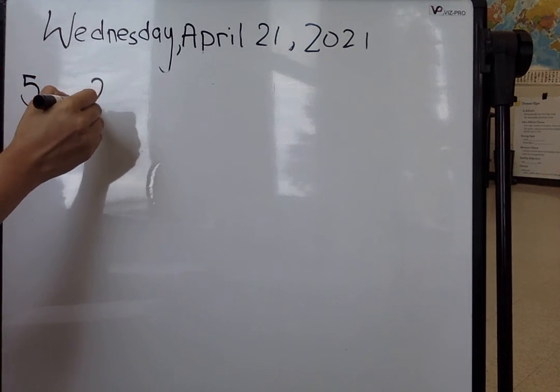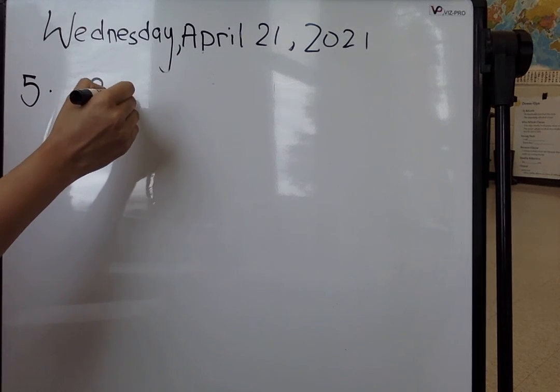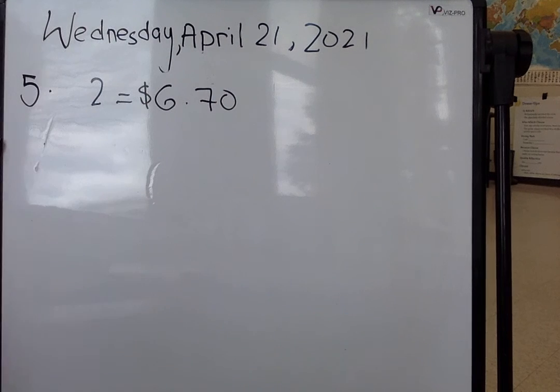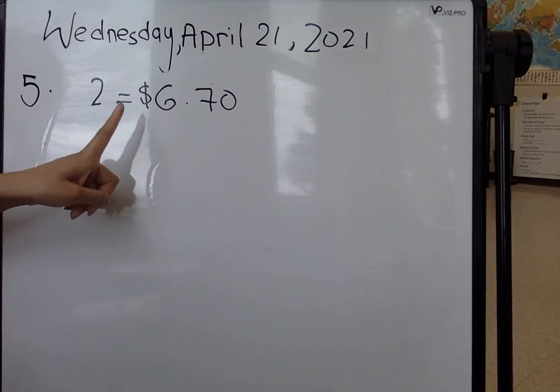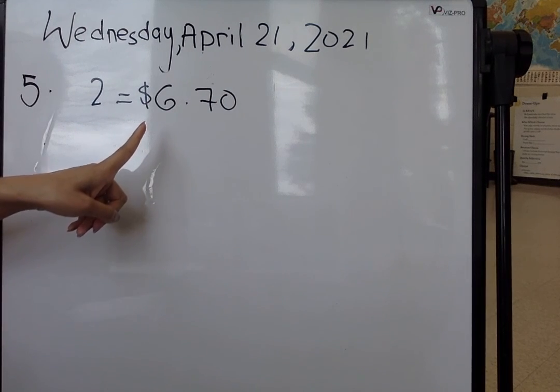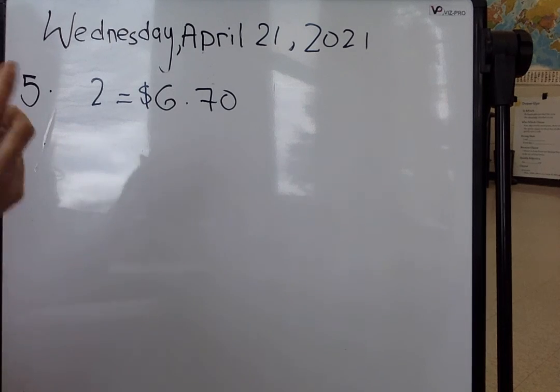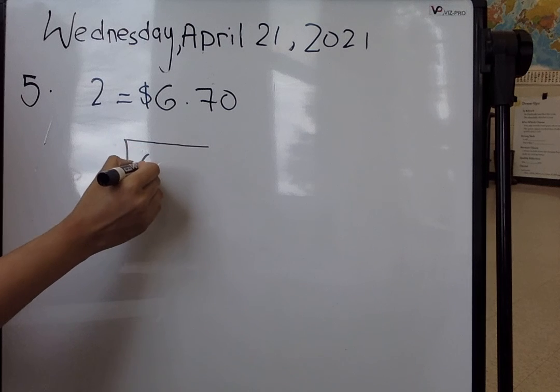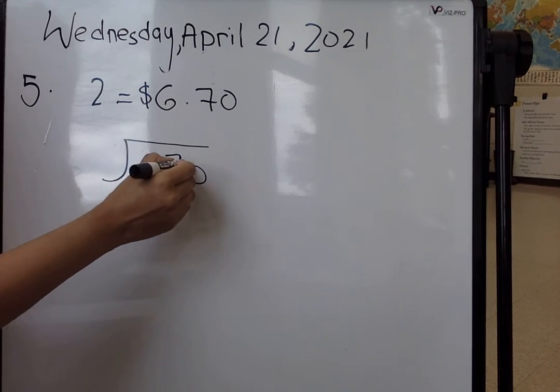So two people paid $6.70, right? So two people paid $6.70. Now, our first step is, we are going to find out how much each person paid.